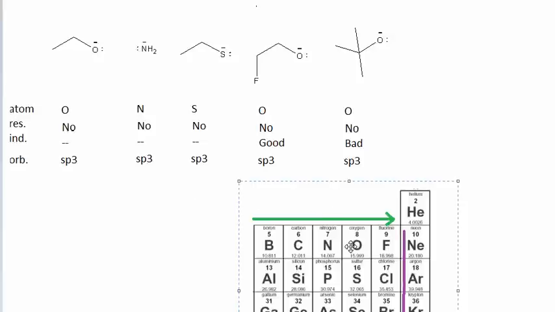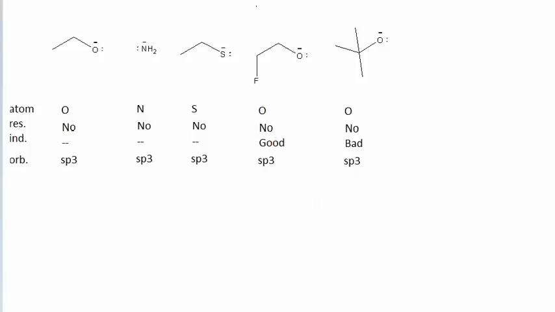So here you can see that oxygen is better than nitrogen, so you know off the bat that these three are probably better than nitrogen. So nitrogen is going to be our worst. Sulfur beats oxygen. It's larger, so it's more easily able to maintain that negative charge, so it's going to be the best. So I'm going to put an A here and an E here, where A is the most stable and E is the least stable.